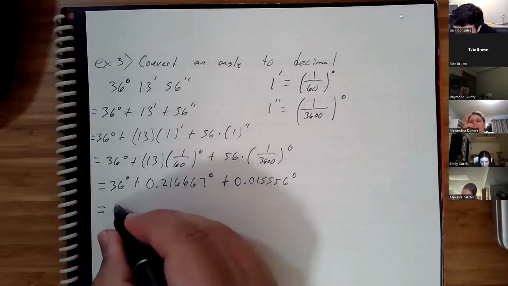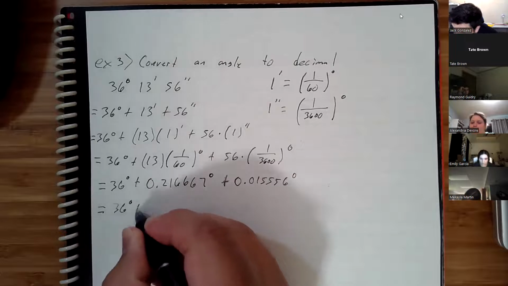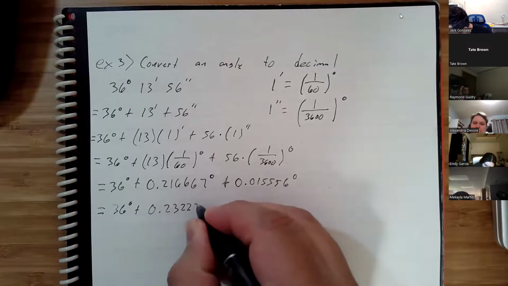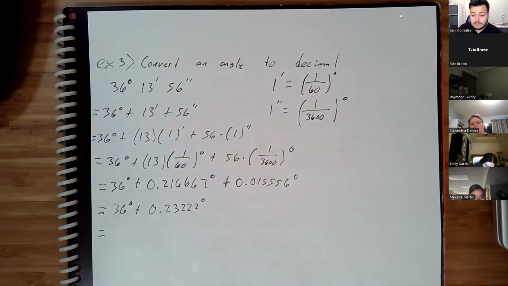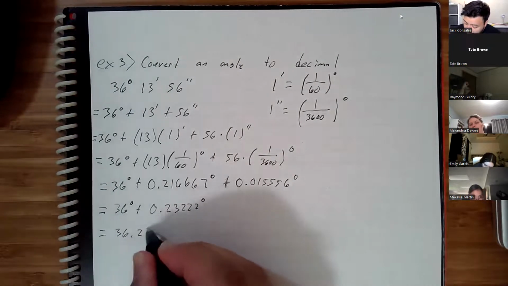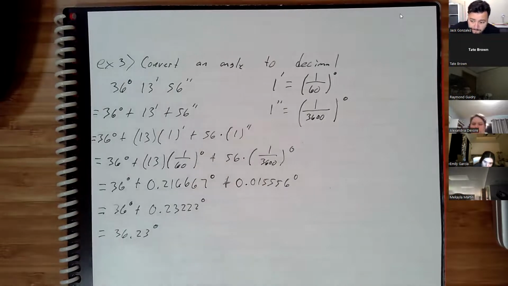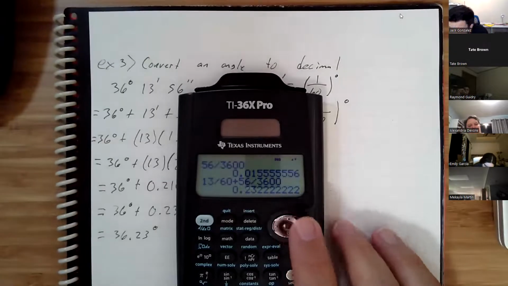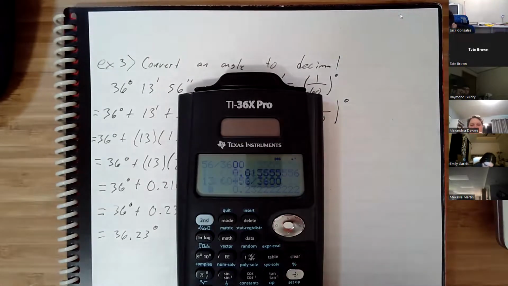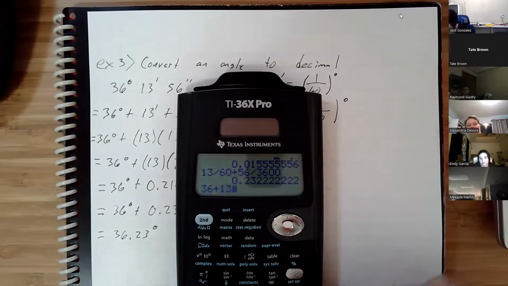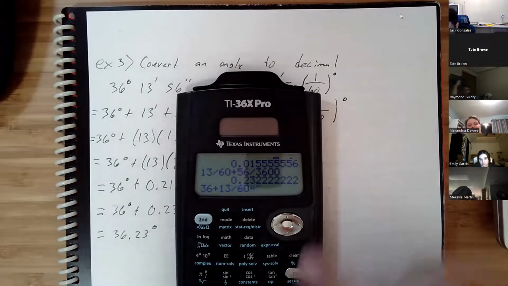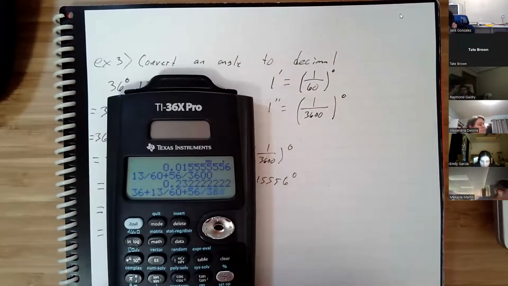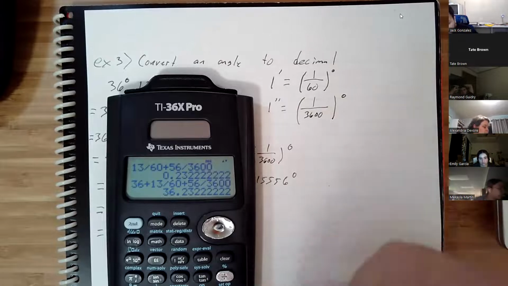Okay, so we get 36 degrees plus 0.23, and then it has a bunch of 2's forever. Somewhere around 2 decimal places, I think this is good enough. I think we could have just stopped. So basically, if you want to do this a little shorter, you could have done 36 plus 13 over 60 plus 56 over 3600, and then round to 2 decimals, and that'll be your answer.